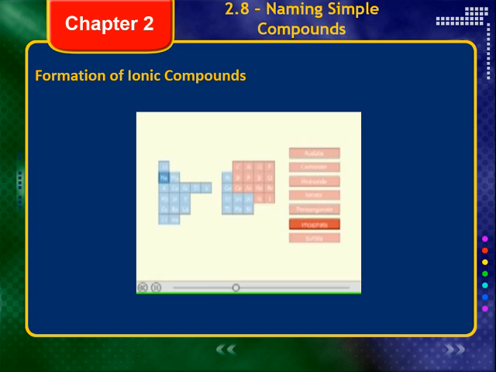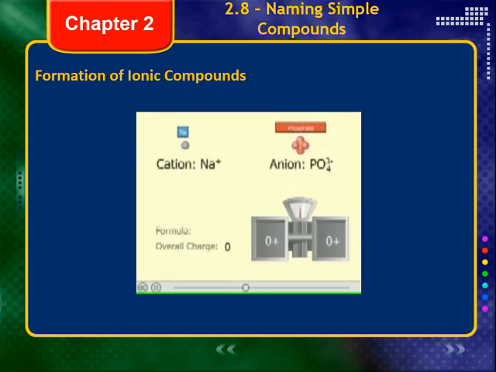What is the correct empirical formula for sodium phosphate? Now we can select the number of cations and anions we want to use to build the simplest formula for sodium phosphate. If we select 1 cation and 1 anion, we note that the sum of the charges is -2, so the formula is not constructed properly. We must obtain an overall charge of 0 to have a correct empirical formula.